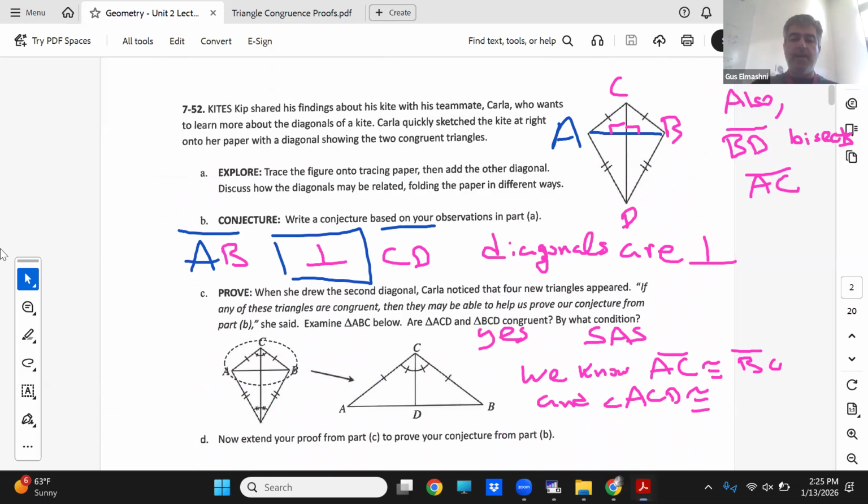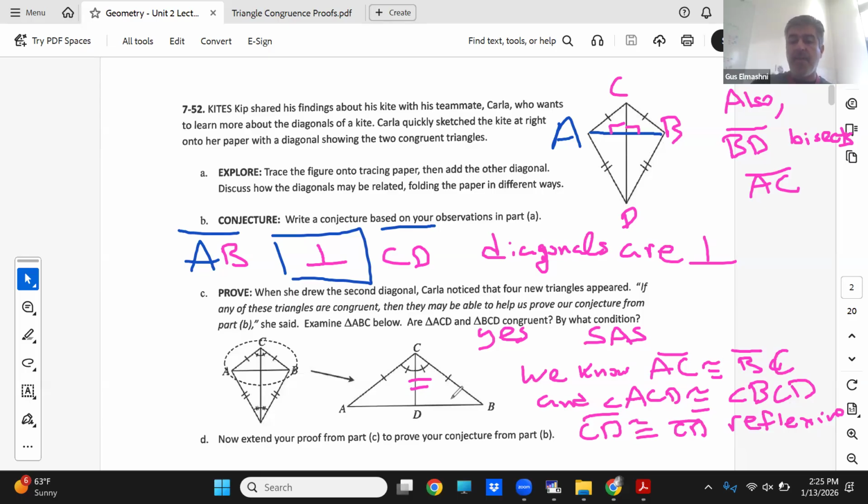So angle ACD is the same as angle BCD. I know this also. So since I know that, and CD is going to be CD by the reflexive property, then I have enough to say these triangles are congruent by SAS.